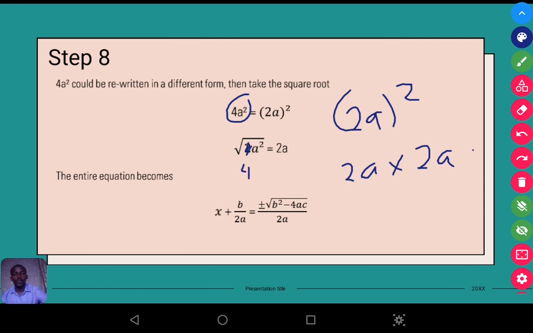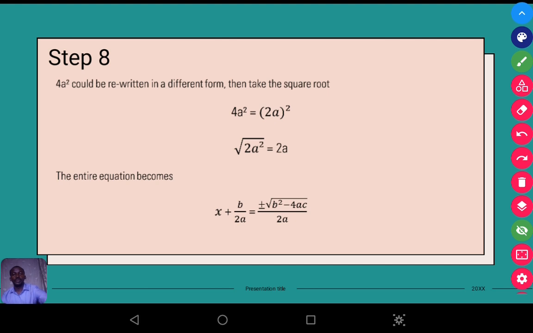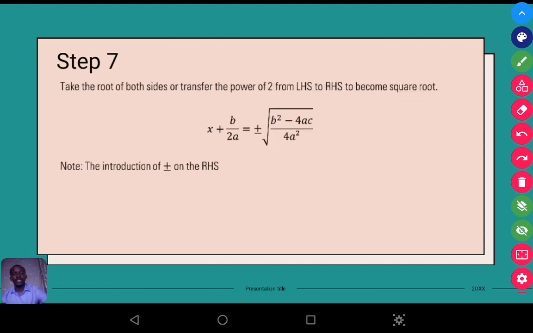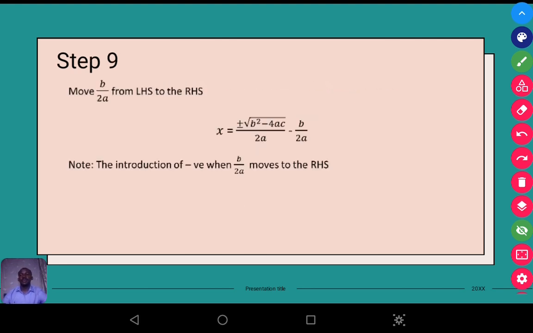So that's 4a squared equals 2a squared. All right, and then so the entire equation becomes this. So which equation are we talking about? We are talking about this particular equation. So the square root of 4a squared becomes 2a. All right, so move on to step 9.